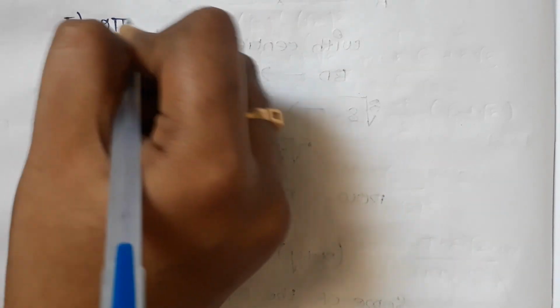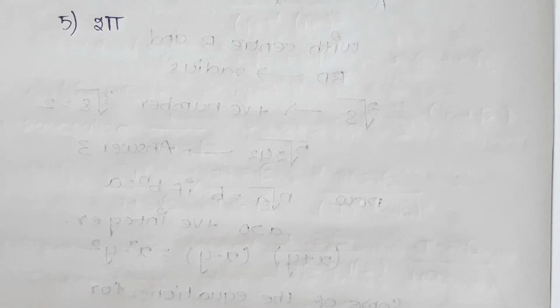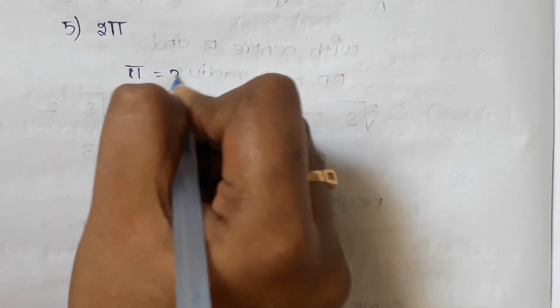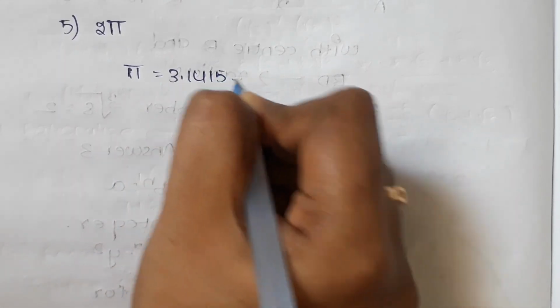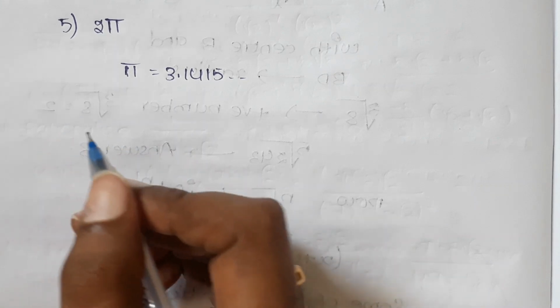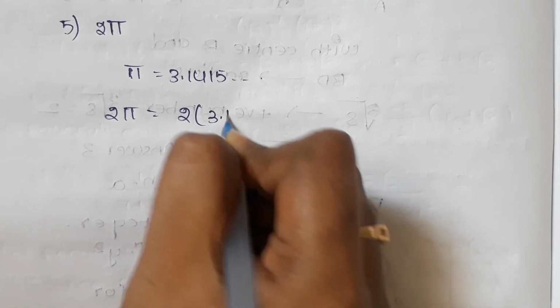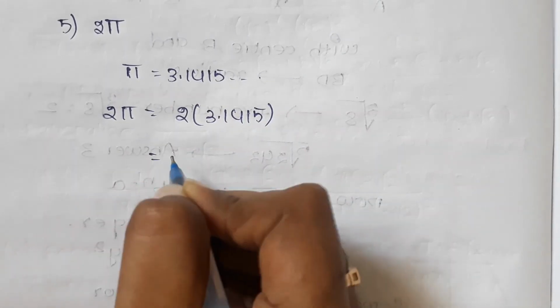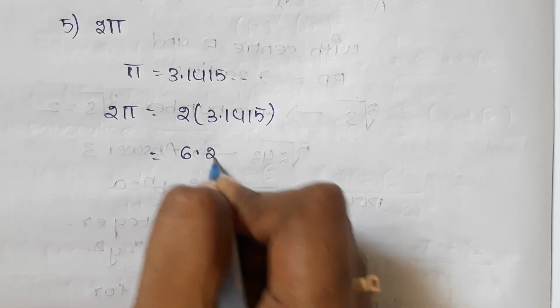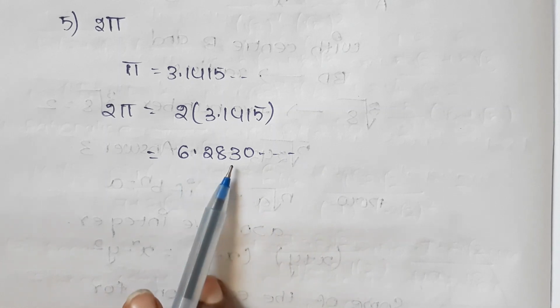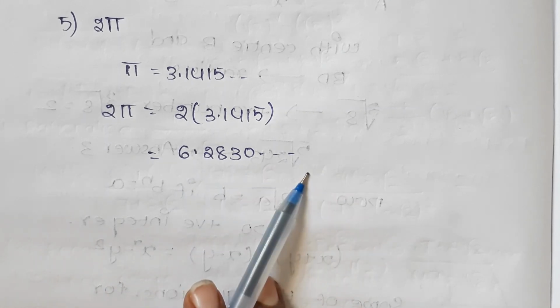And now let us see the fifth one, that is 2 pi. Here for 2 pi, as we already know, the pi value is 3.1415, and when we multiply with 2, that is 2 pi equals 2 into 3.1415, we will get 6.2830, and here it is a non-terminating non-recurring decimal.